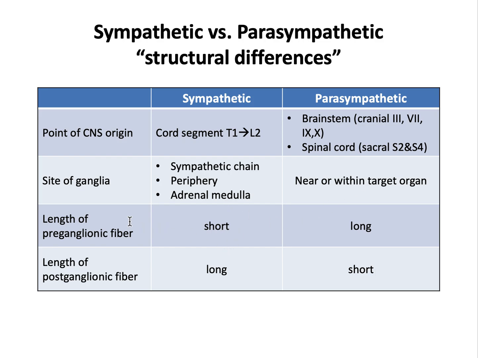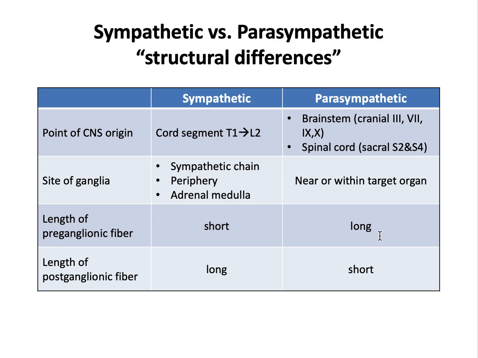All right, because the sympathetic chain ganglia are located very close to the spinal cord itself, the preganglionic fibers of the sympathetic nervous system are relatively short because they go straight to the chain ganglia, which is right next to the spinal cord. But the postganglionic fibers are long because they have to travel from the sympathetic chain ganglia all the way to the tissues they innervate.